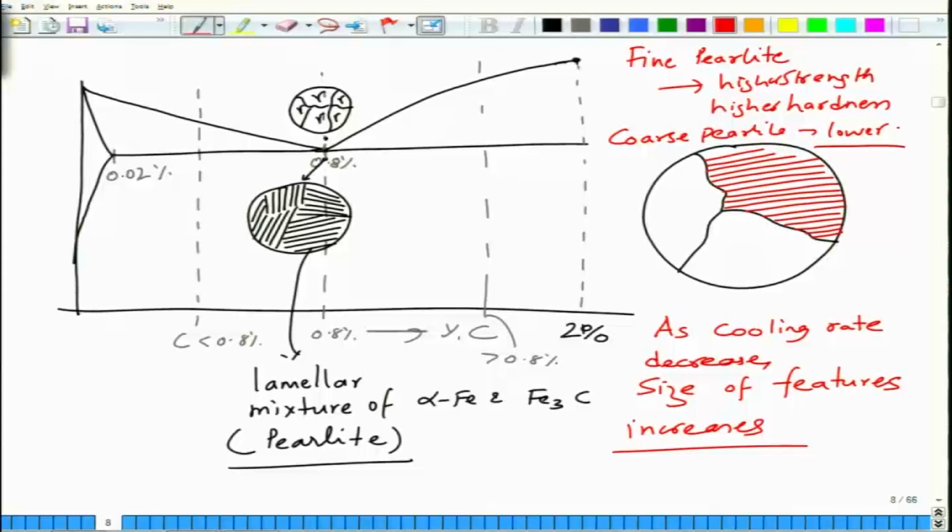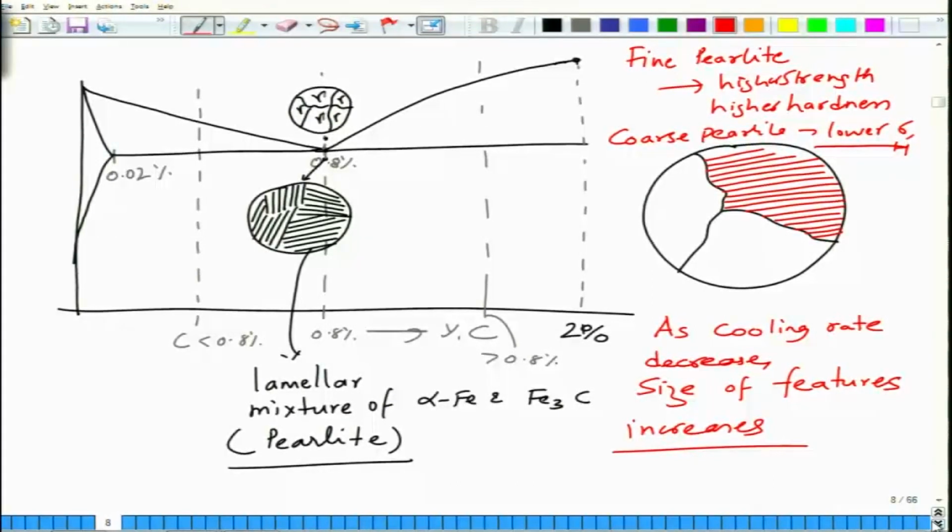Okay, so these are the relations of size of features, which are not predicted by the phase diagram but are related to the kinetics of phase transformation, which is out of the purview of this course.